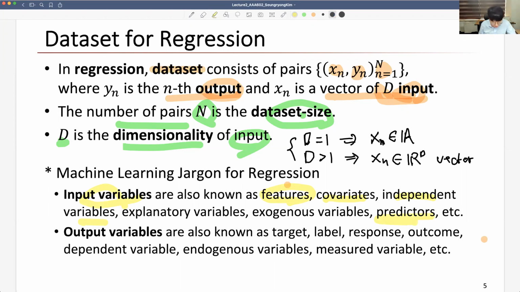And the output variable is also known as the target, label, response, output, or the measured variable. So first of all, to understand the regression problem, we have to know what is the input and what is the output in this problem.